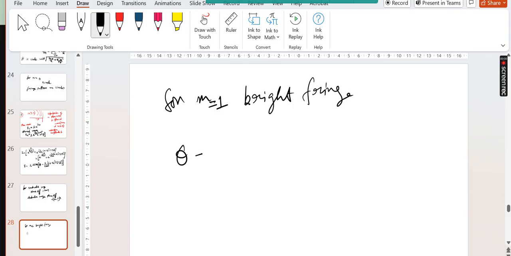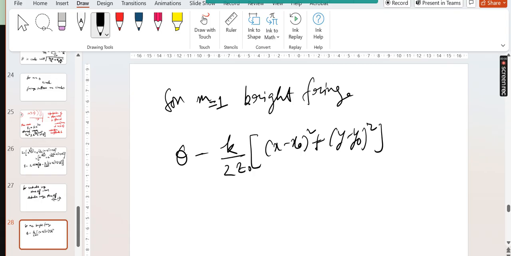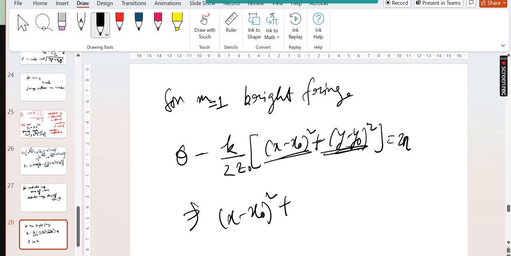So we get theta minus k by 2z naught times (x minus x naught) whole square plus (y minus y naught) whole square is equal to 2π. After all the simplification, we already got the terms (x minus x naught) whole square plus (y minus y naught) whole square is equal to theta minus 2π.